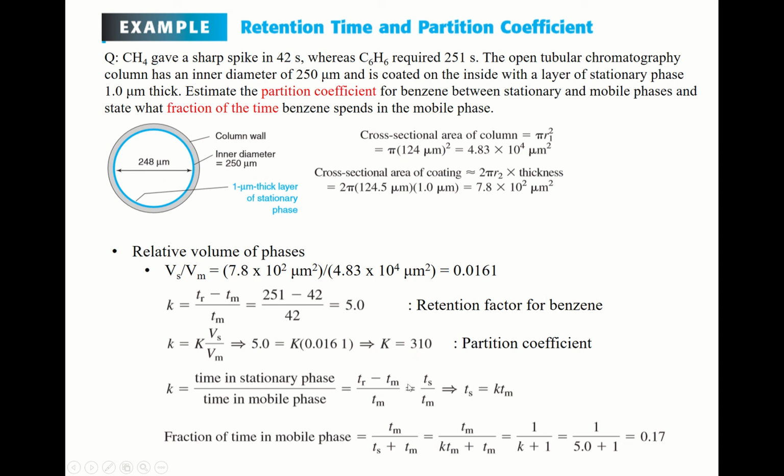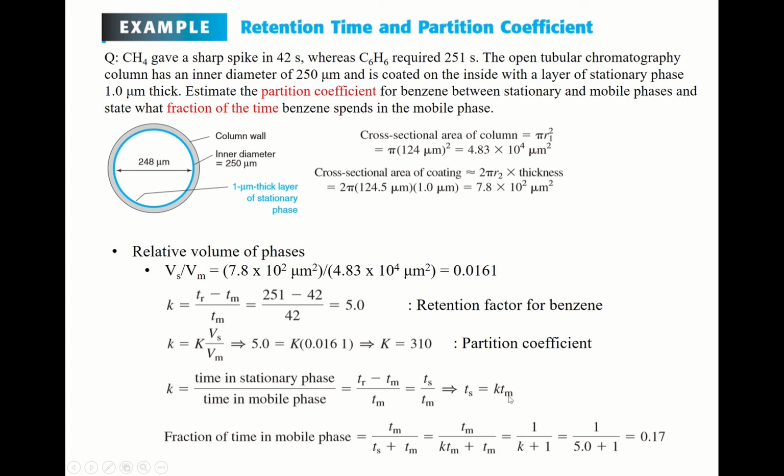K prime we can also write this way: tR minus tM is tS, divided by tM. And tS is K prime multiplied by tM.